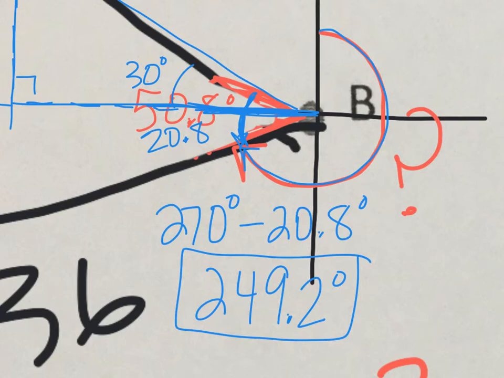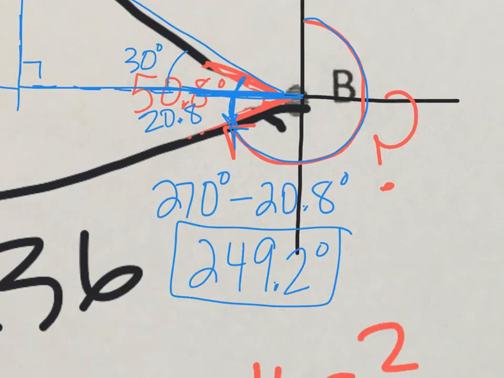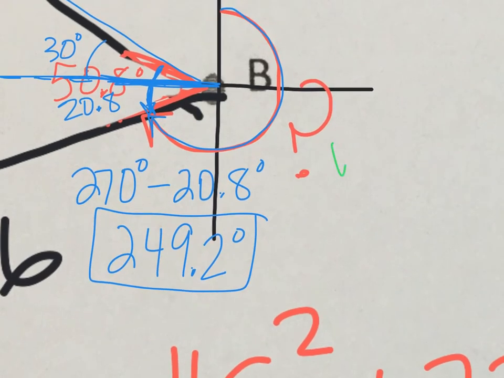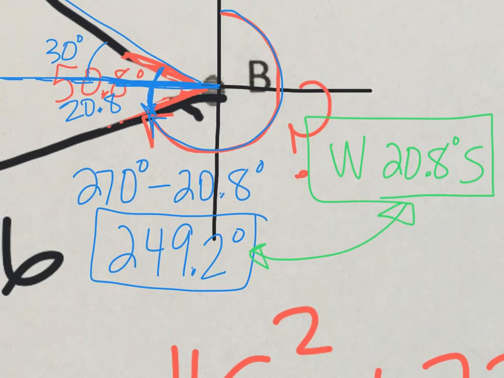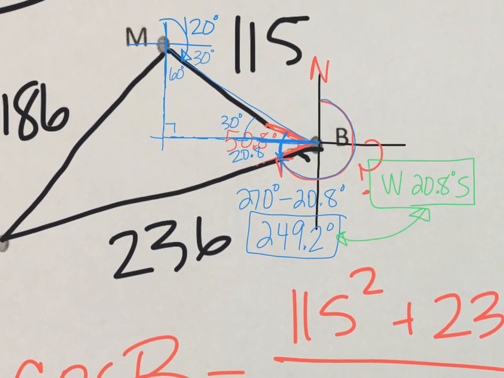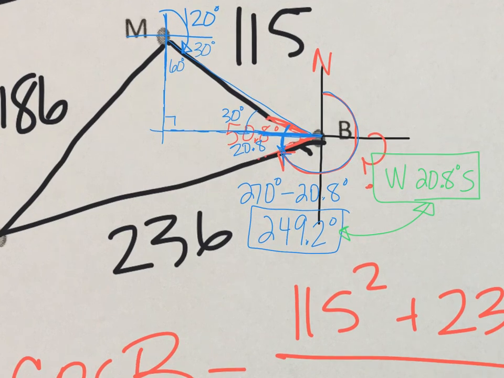Okay, there are a couple other ways we can write this. We could also write that we start west and we go 20.8 degrees south. So that is another way that we could write this bearing answer. Okay, so we find that middle angle, and then we use geometry to figure out how far south it is of this 270 degree line.